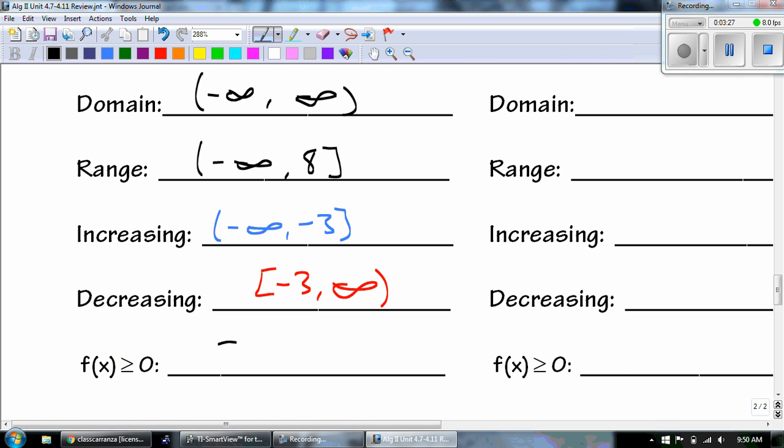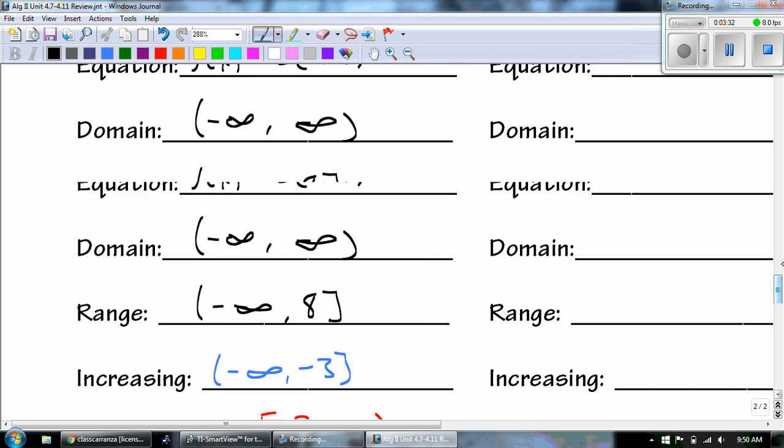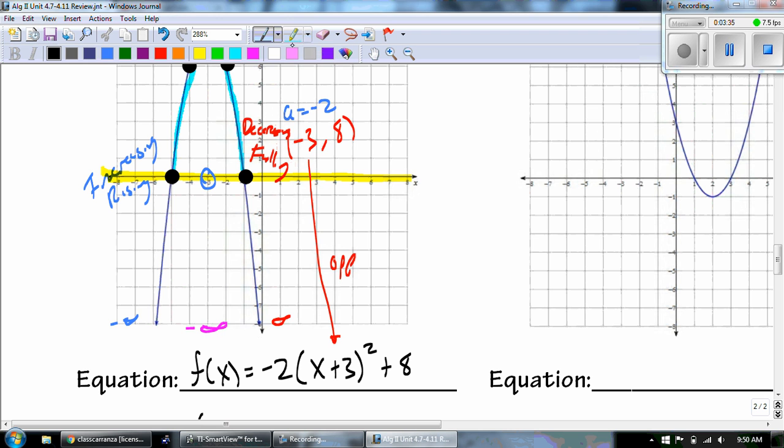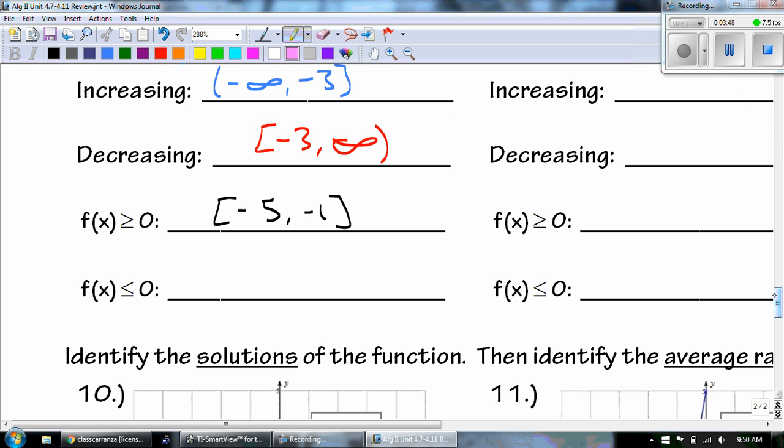So we said from -5 to -1, and then I am below 0 from -infinity to -5, and from -1 to +infinity. Okay, that's when we have that break. So -infinity to -5, there's a break, and then from -1 to +infinity.